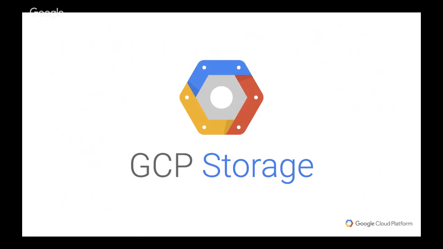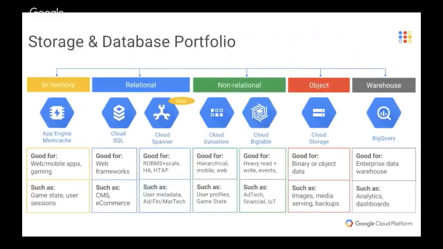For GCP storage, we will not talk about each specific service, but let's look at this chart. It's very good for understanding what categories of storage services are available and which we can use for our own application. The first is the in-memory category.